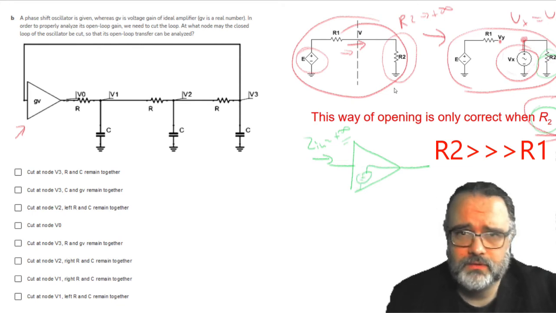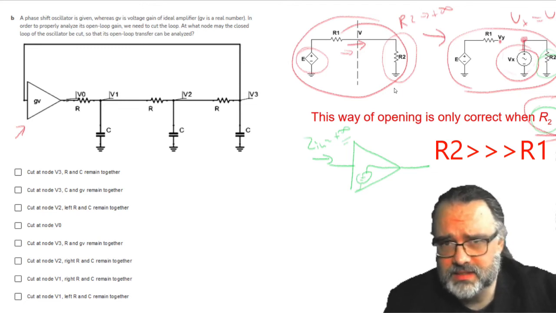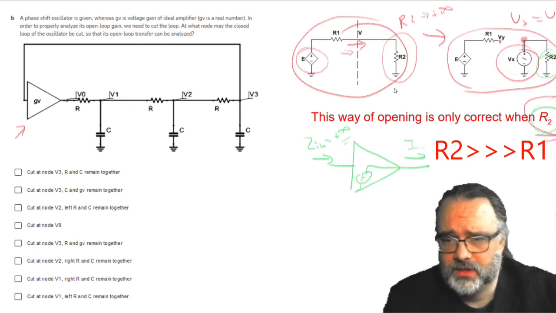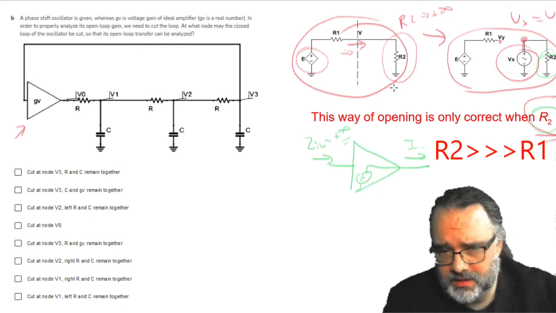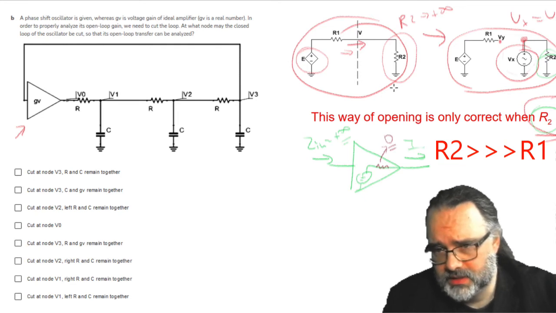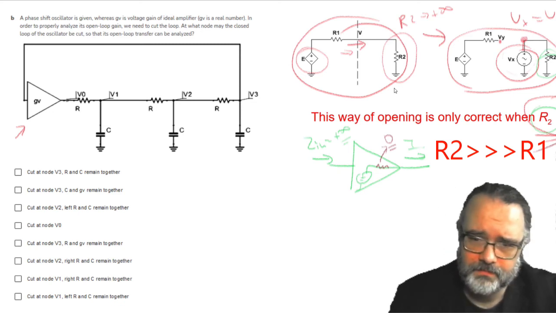An ideal voltage source can supply as much current as needed in order to maintain a certain voltage. So the supply of this current is infinite, which implies that the output impedance is zero, which satisfies the requirement that R1 being zero is smaller than any given R2.